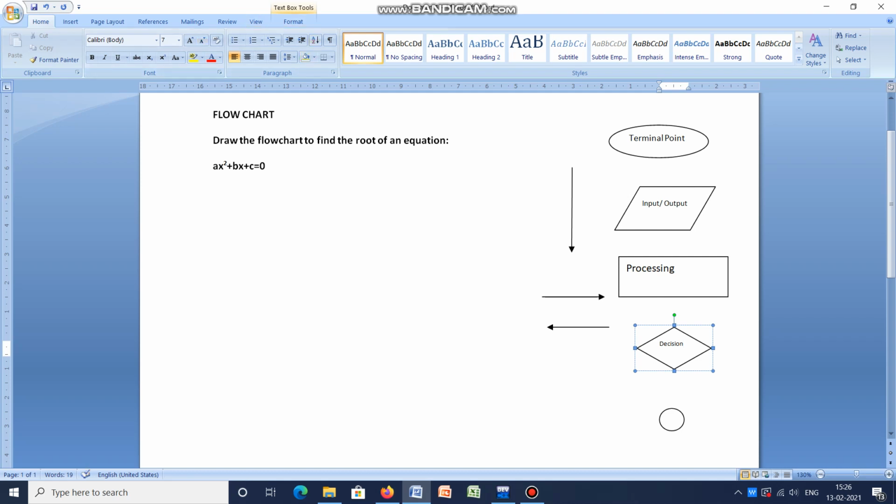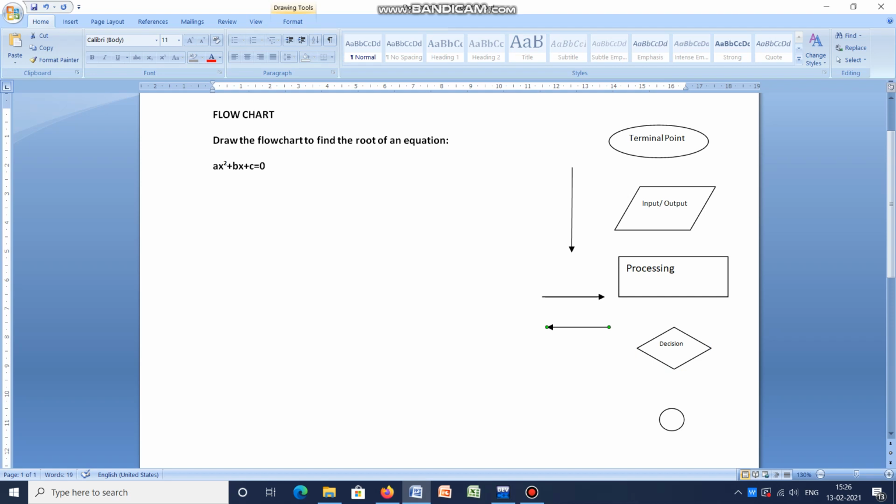As I mentioned the other day, it has two branches, yes or no. My arrows are nothing but connectors.